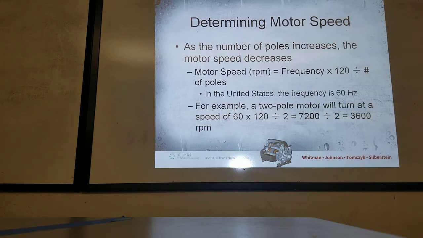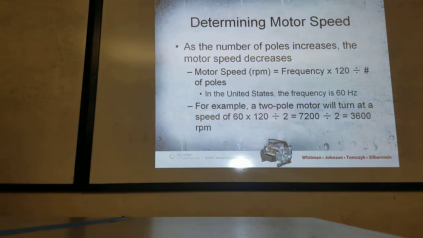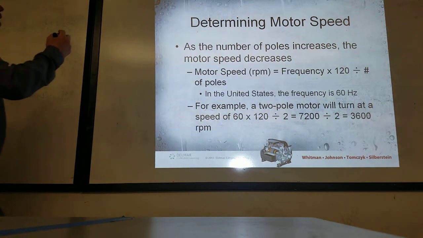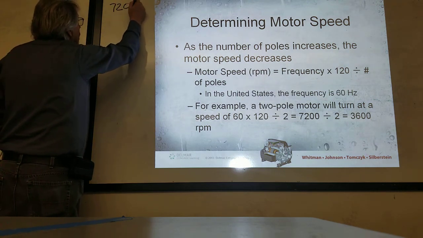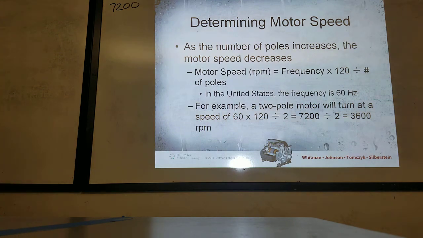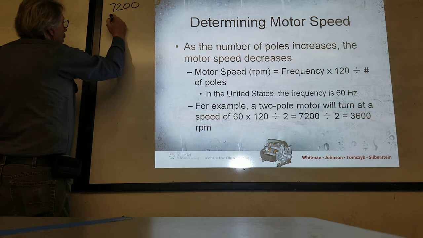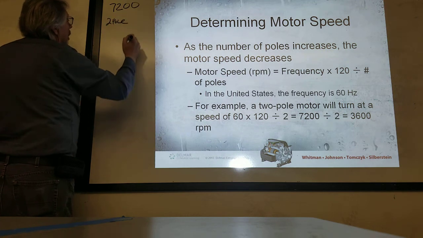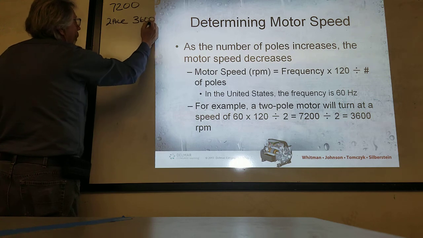So on this formula, you don't have to remember the whole formula. All you have to remember is that number, 7,200. If you have a 2-pole motor, it's 3,600 RPM.